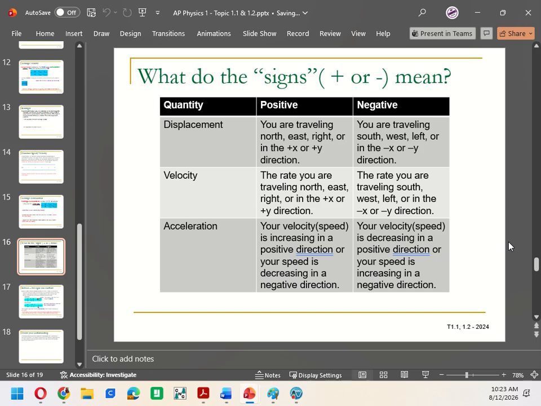So, positive velocity would be going in this direction. That's a positive velocity. Now, at this point right here, it's still moving to the right. It changes direction. That would give me a negative acceleration.